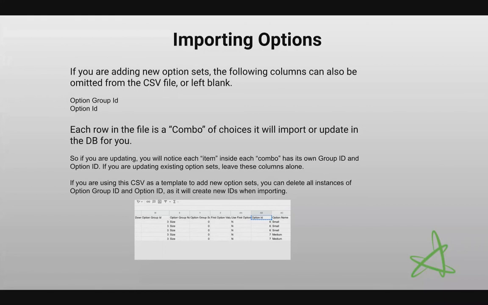And that's really it. Because there are so many columns in it, the file can get a little overbearing, and you could get overwhelmed looking at it, just because there's so much data in it, especially if you have a store with a ton of option sets, which we have some customers that are in that boat.